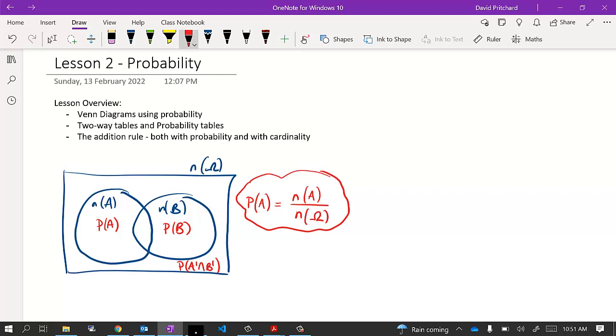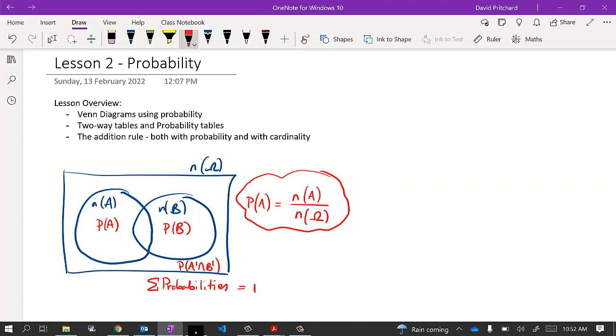And the idea is that if we divide everything by the number in the universal set, then we'll convert into probabilities. Now it should then be that total probability, so the sum of all of the probabilities, is equal to 1. So instead of adding up to the total in that universal set, the probabilities will all add up to 1. So hopefully that makes sense.